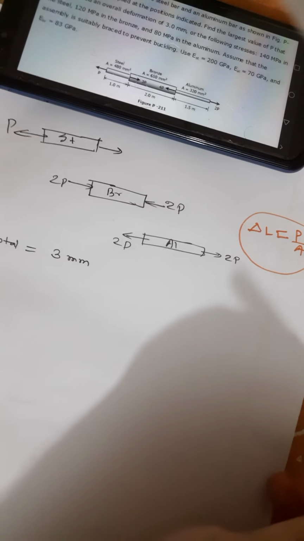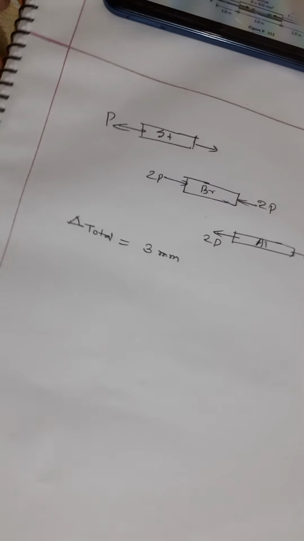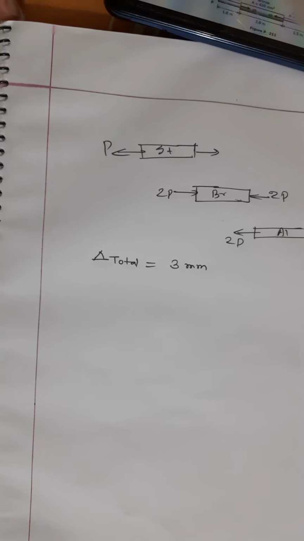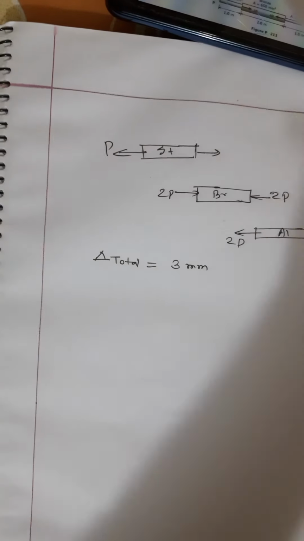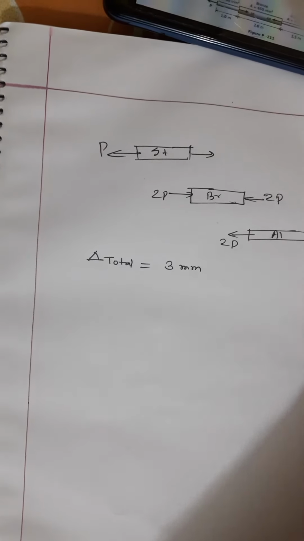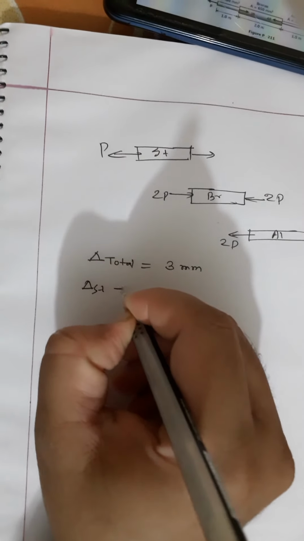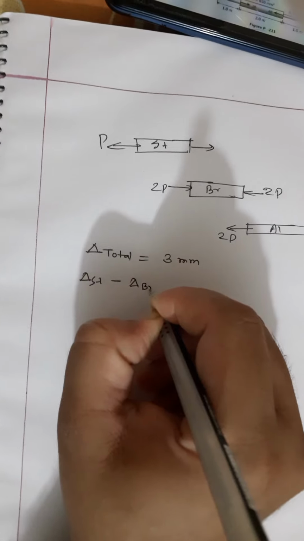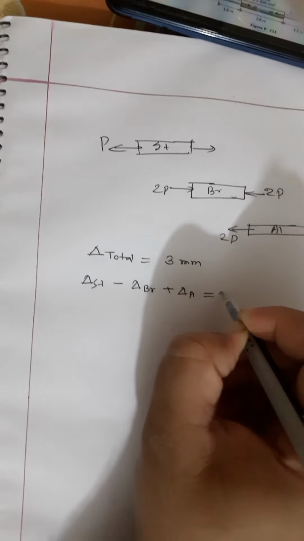Please remember, we are calculating every problem in Newton millimeter. So it is 3 millimeter, and the elongation is delta steel minus delta bronze, as it will be shortened, plus delta aluminum, equals 3.